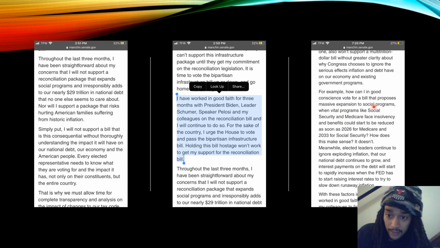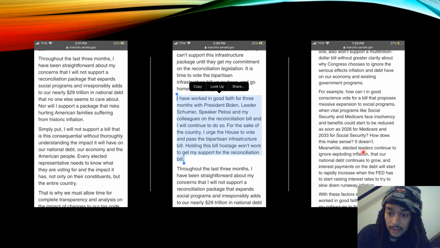For example, how can I, in good conscience, vote for a bill that proposes massive expansion to social programs when vital programs like Social Security and Medicare face insolvency and benefits could start to be reduced as soon as 2016 for Medicare and 2033 for Social Security?